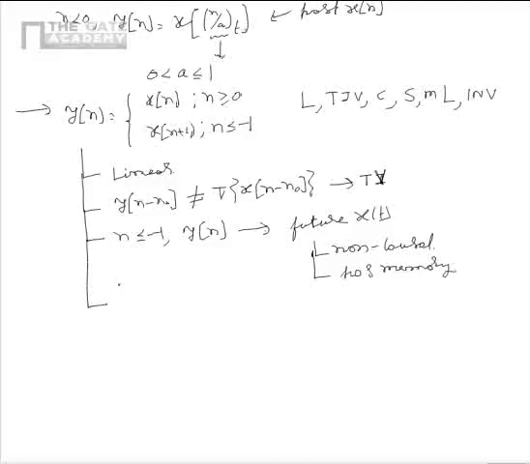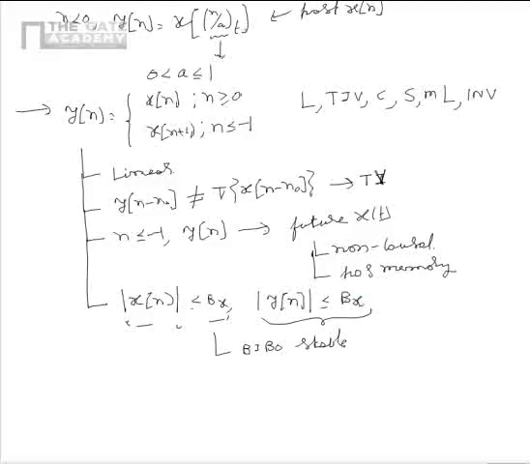For checking the BIBO stability, if the input is bounded, that is, mod of x of n is less than or equal to bx, we can show that mod of y of n will also be less than or equal to bx. As the input is bounded for every n, the output would also be bounded. From this, we can show that the system is BIBO stable.